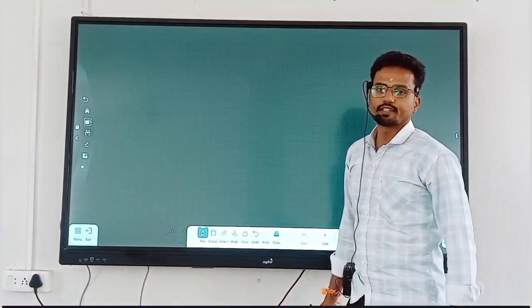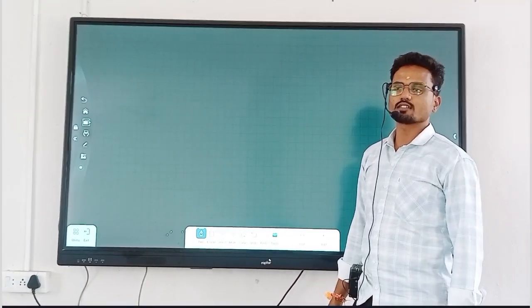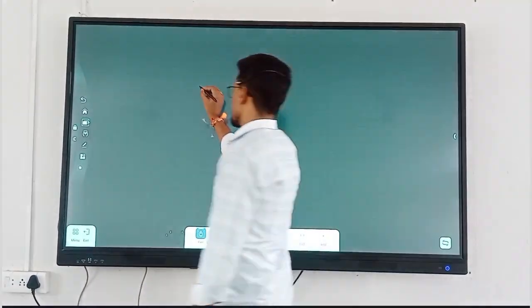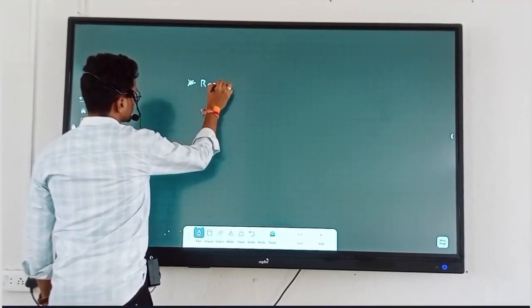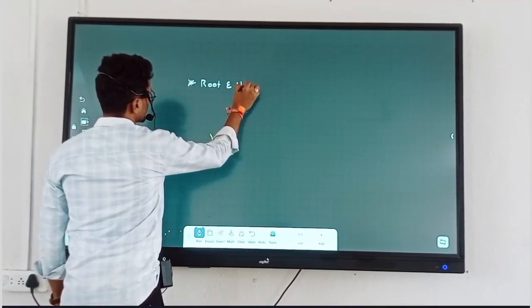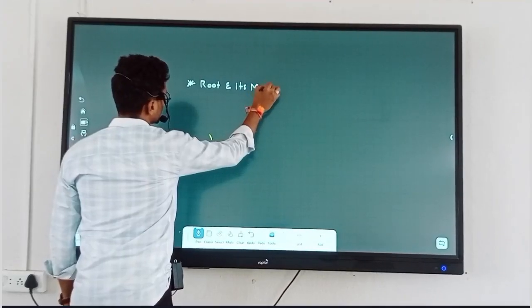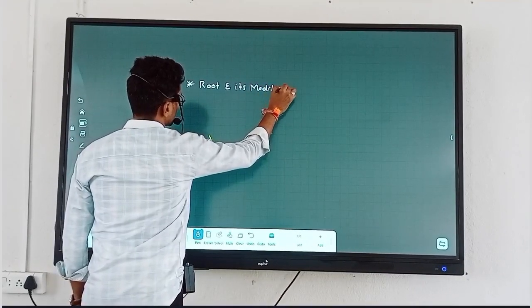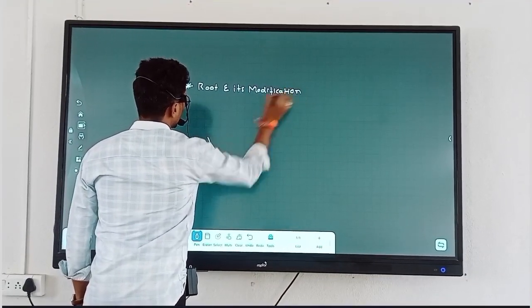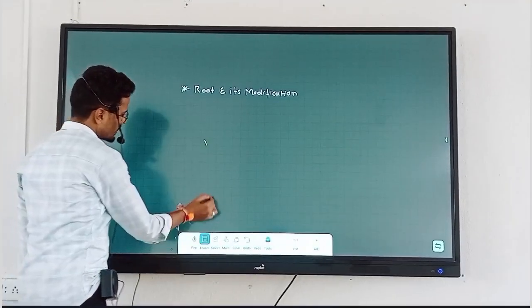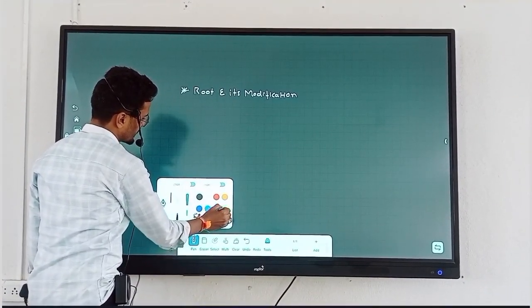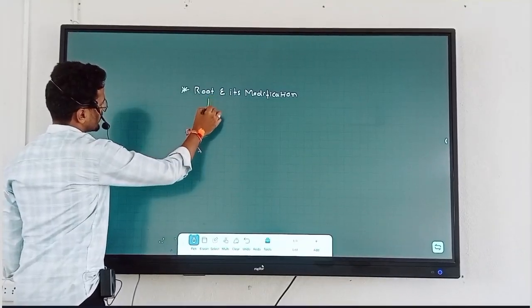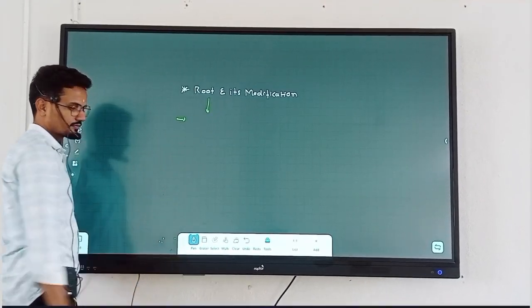As we studied in the last class regarding root and its modification, in the modification of root we studied three different types of modified root.